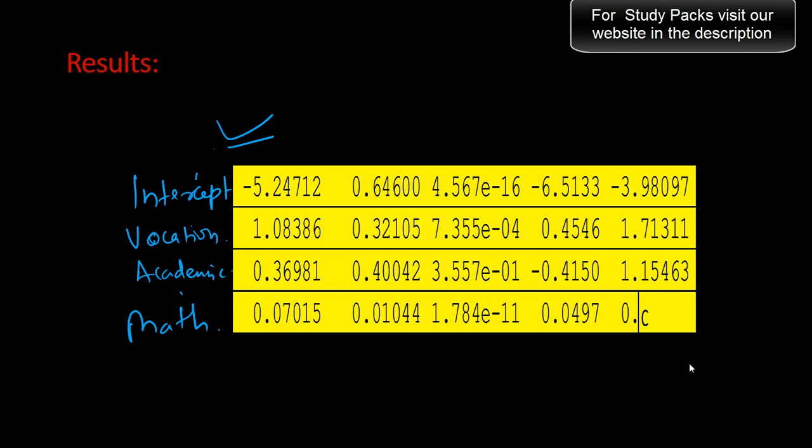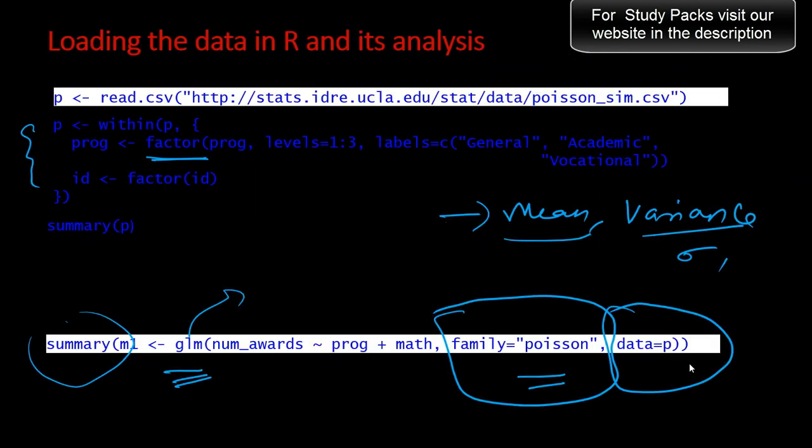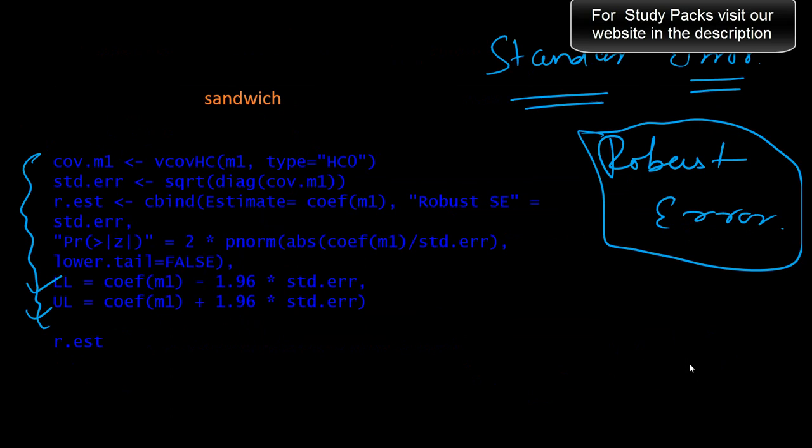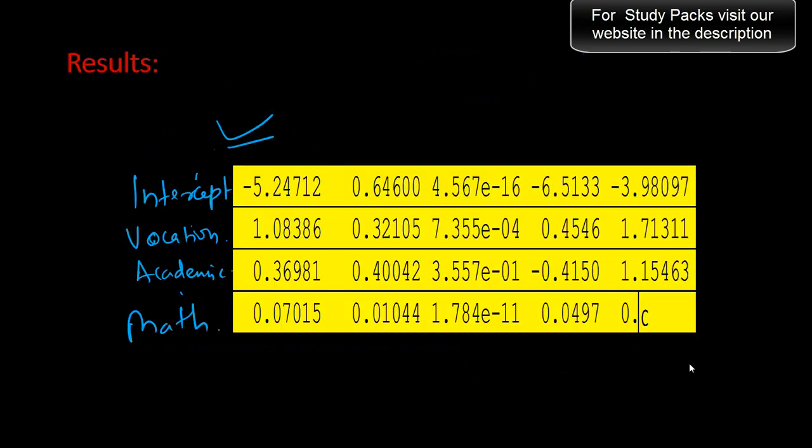So how many factors did we have? General, academic, vocational, right? So vocational and academic are given to us, compared with general. Like in any factor variable, if there are 3 categories, there will be 2 estimates and 1 base. So the base here is general, and academic and vocational have been compared to that.